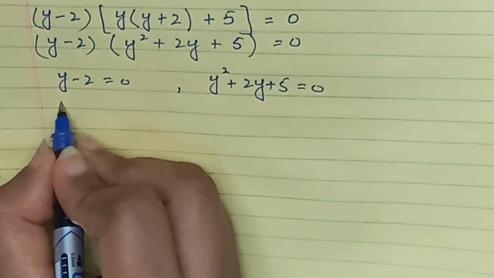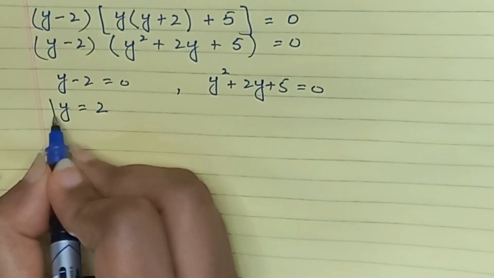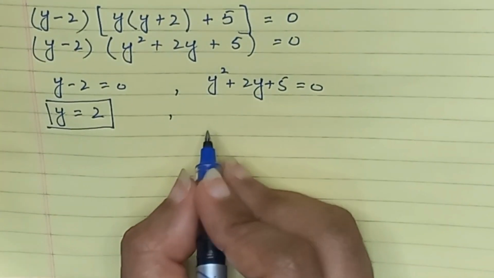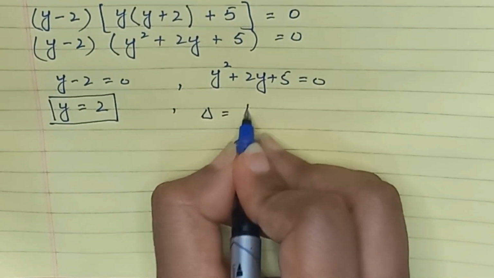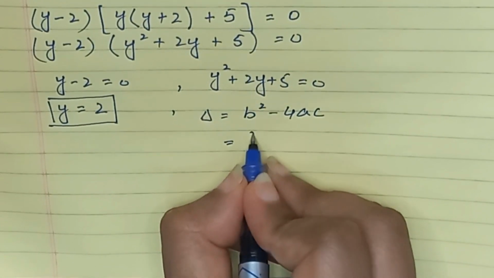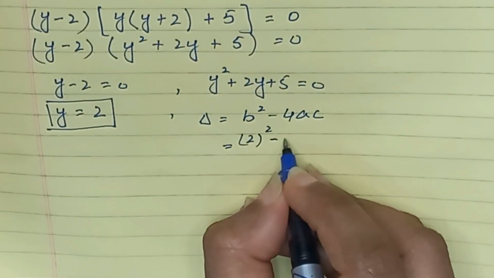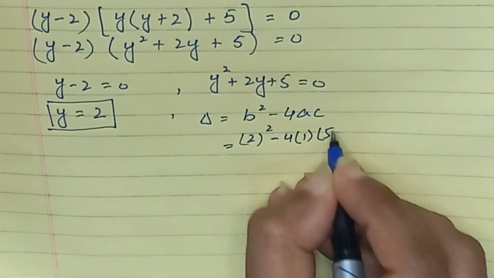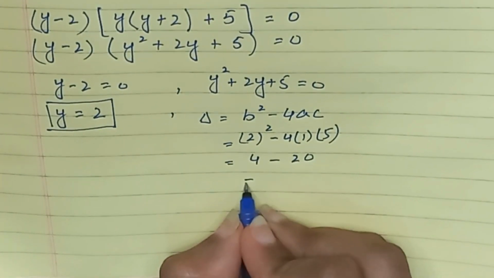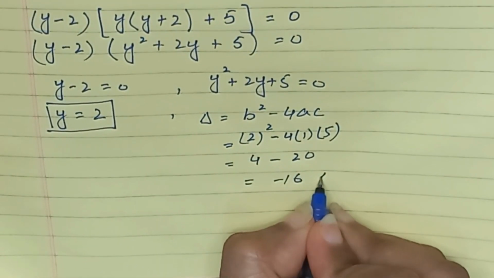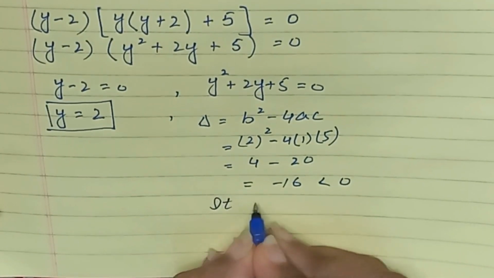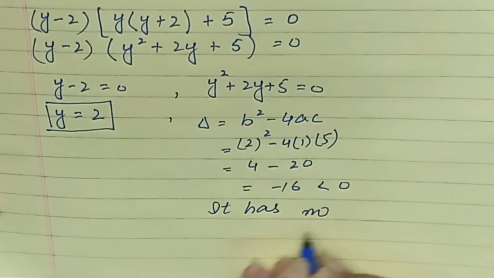And from here we get y is equal to 2. And from here we will take the discriminant, which is b square minus 4ac, where b is 2, a is 1 and c is 5. So it will become 4 minus 20, which is equal to minus 16, and which is less than 0. It means it has no real solution.